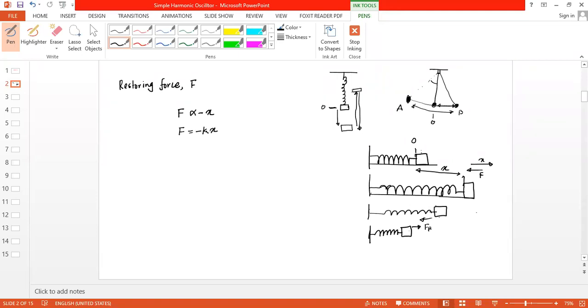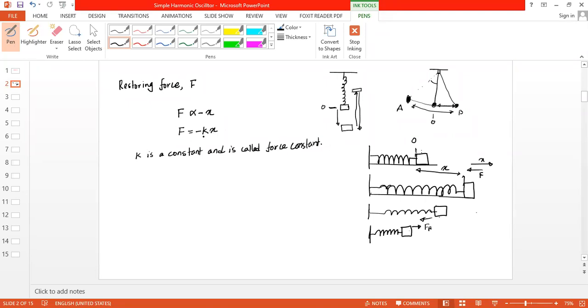This constant k is called the force constant, and in case of a spring, this is called the spring constant. So this is the equation.